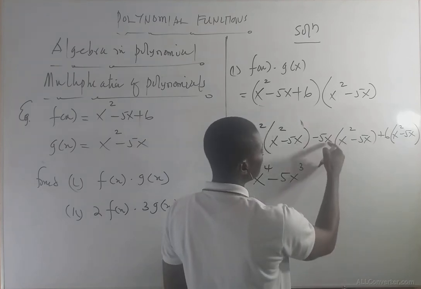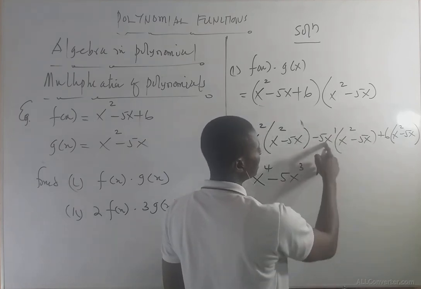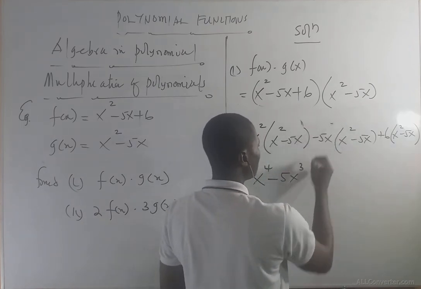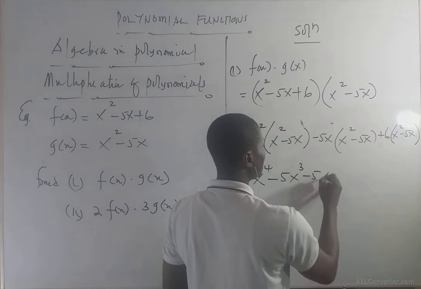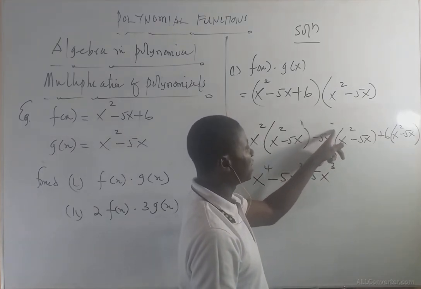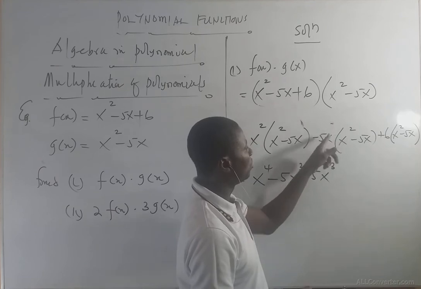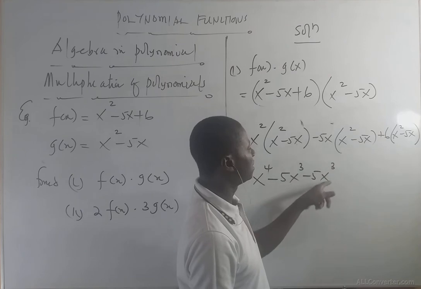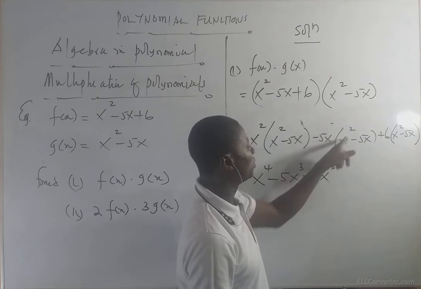Remember that this x here has exponent 1, but x exponent 1 is the same as x. That's why the 1 cannot be seen. And so we have our minus 5 here, but we have x exponent 3. I guess you know why it's 3, because there is another x exponent here. So x exponent 1 times x exponent 2 will be x kept constant. Then we add 1 to 2, and that will give us the 3.